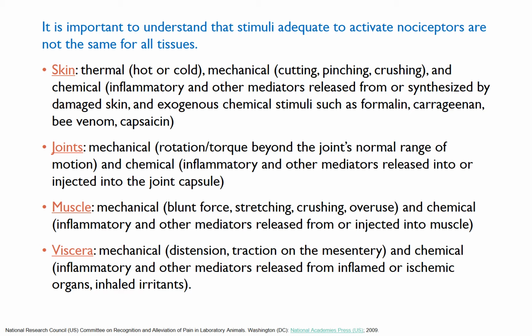Visceral pain can be mechanical, but it is more likely to be chemical and possibly thermal. The mechanical pain that impacts the viscera usually occurs with distension of the lumen of the internal visceral organs, even something like traction on the viscera or the mesentery.